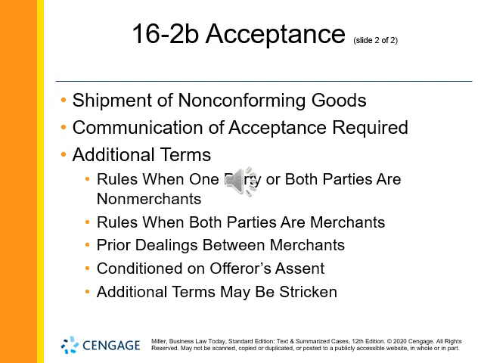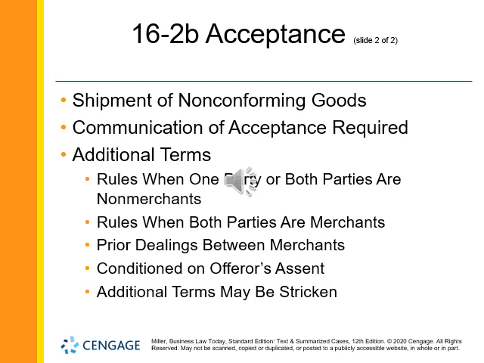If any party is a non-merchant, the contract is formed according to the terms of the original offer, and the additional terms in the acceptance are ineffective unless the offeror separately agrees to them.